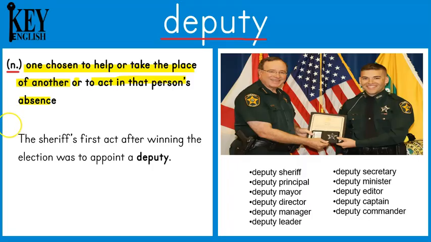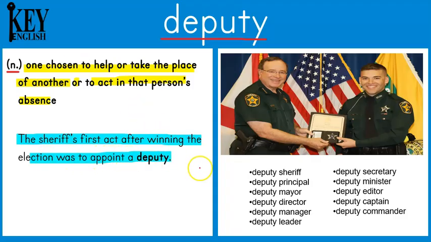The example says, the sheriff's first act after winning the election was to appoint a deputy. So this sentence is just saying that after the sheriff was chosen as the sheriff, the first thing he did was to find a deputy.